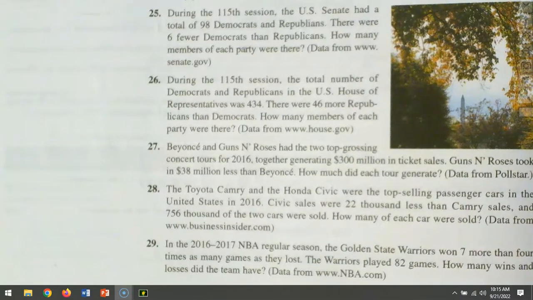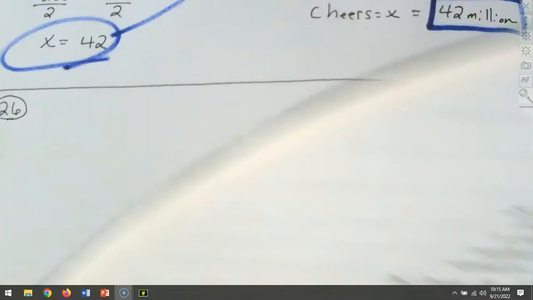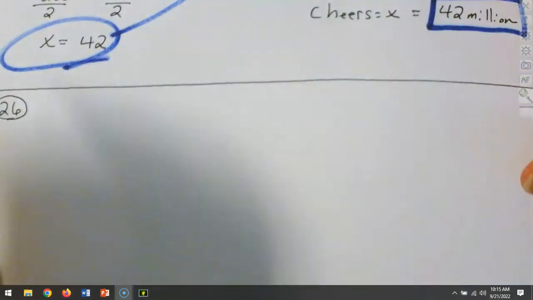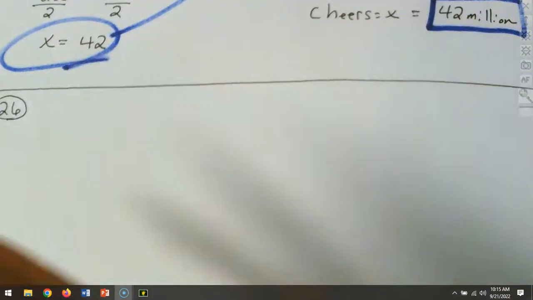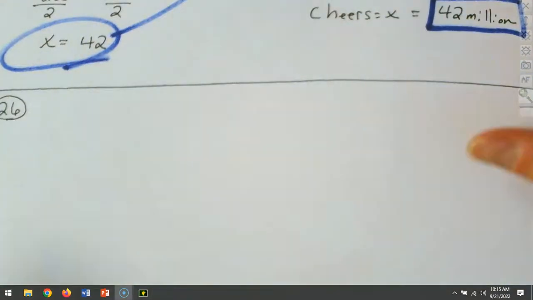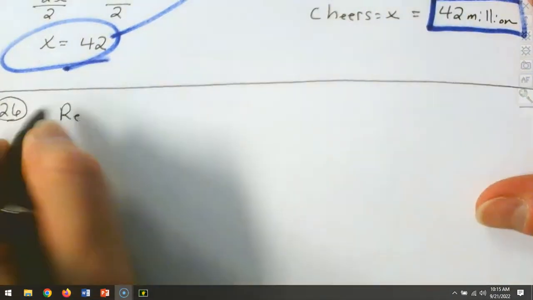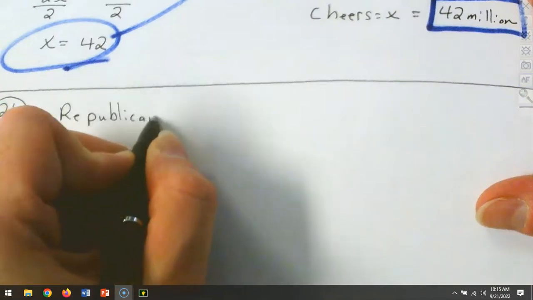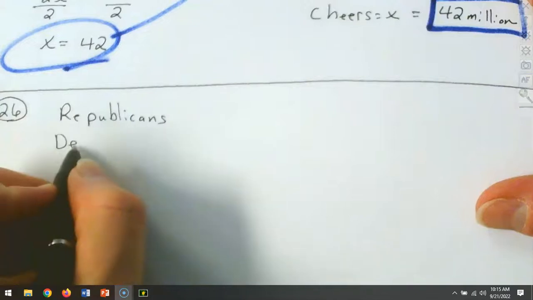So what we're going to have to look at again is the total. So when we talk about the total, what does that mean? We've got a total. And when we read this, what are we looking at? We're looking at Republicans, and we are looking at Democrats.